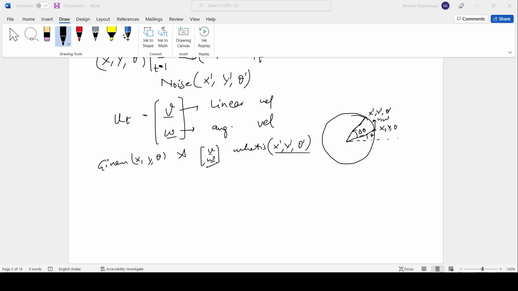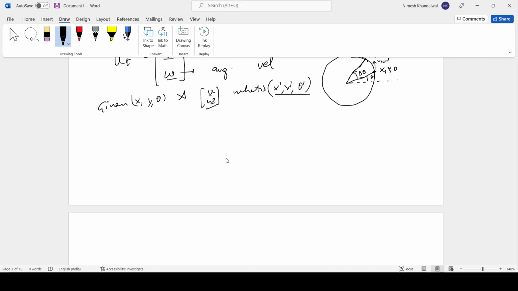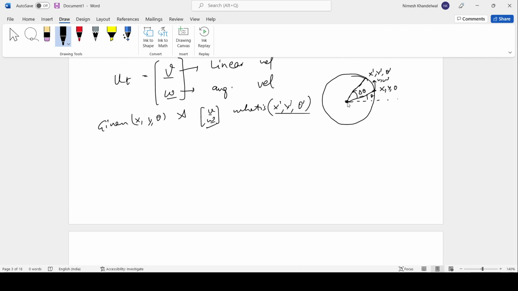So what were we doing in this model? We were essentially approximating the center of this assumed circle. We have assumed that for very small displacements, for very small delta thetas, the robot is just traversing a circle, and then we first calculated the center of the circle.